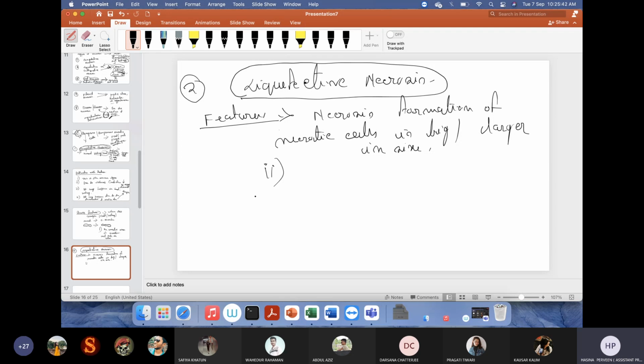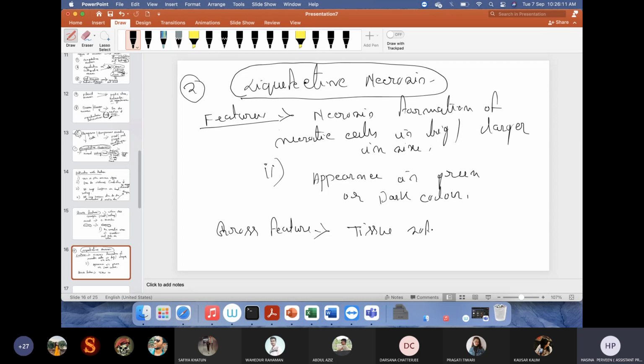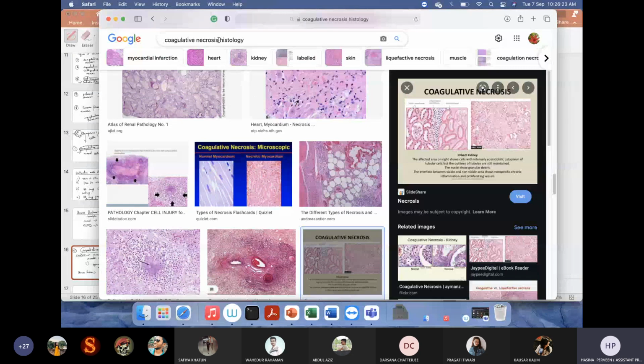Number 2, the appearance is green or darker, and in gross features the tissue is soft and liquid. Okay, so liquefactive necrosis in brain.